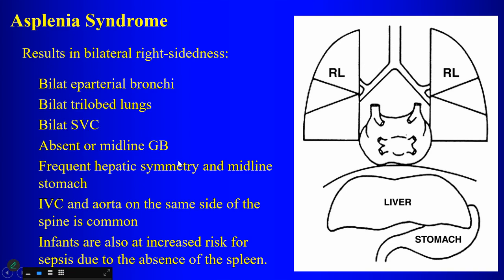And with asplenia, bilateral right-sidedness, bilateral trilobe lungs, the atria tend to resemble right atrial morphology, liver might be in the midline. So bilateral eparterial bronchi. So what does that term mean, eparterial bronchus?